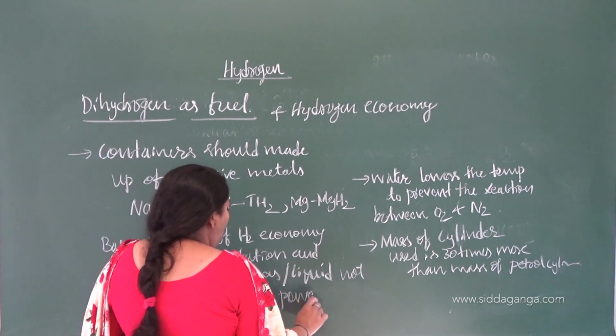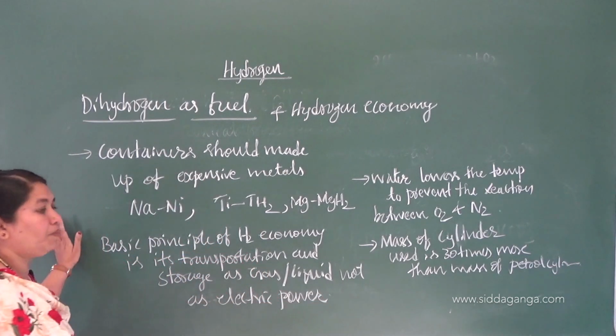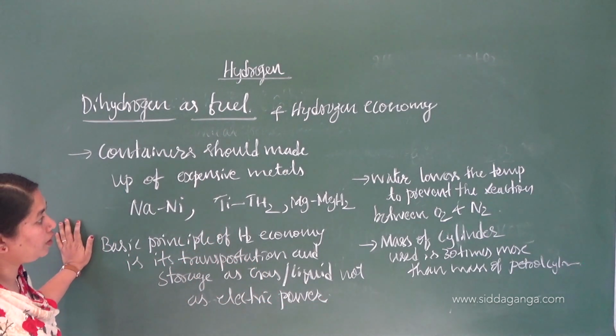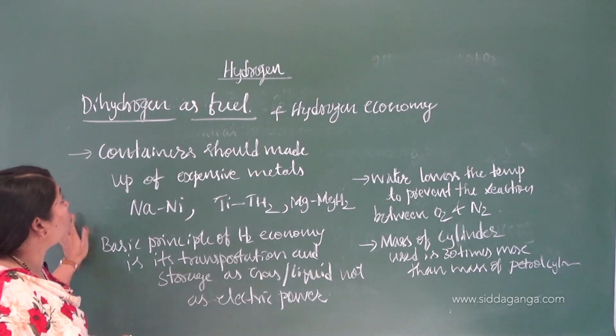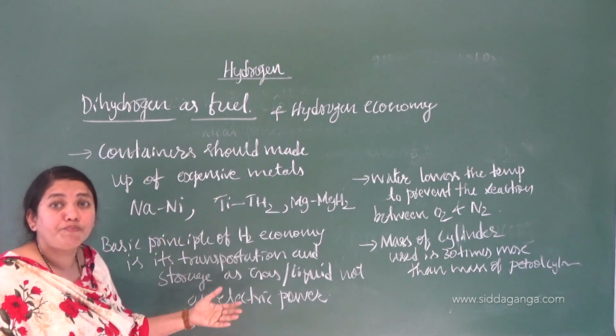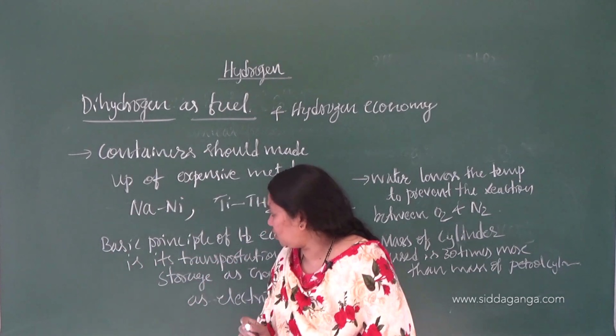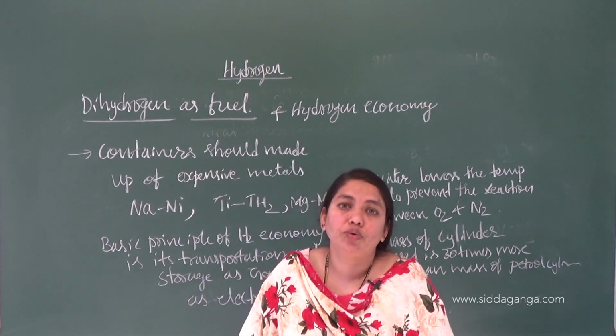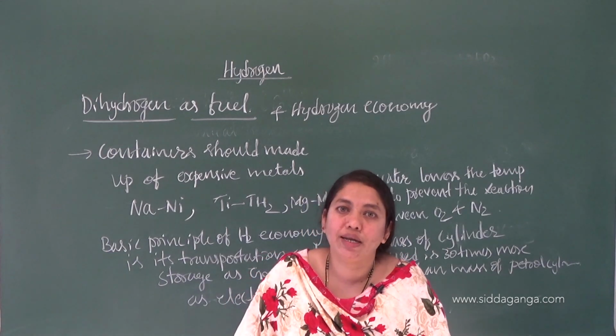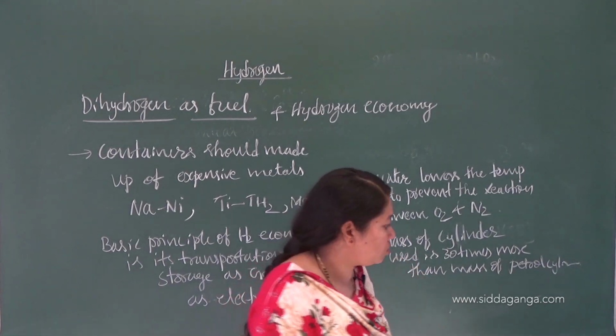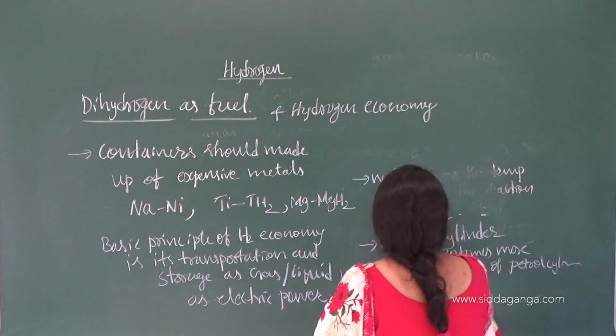This is the principle of hydrogen economy. So this is the concept regarding dihydrogen as a fuel and the hydrogen economy. If these limitations are overcome, there will be no energy crisis. So this is with reference to your textbook.